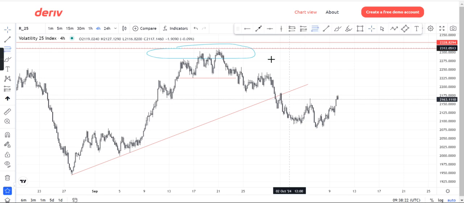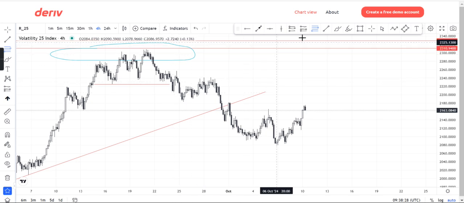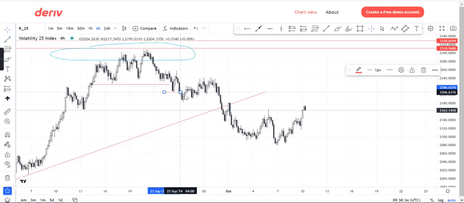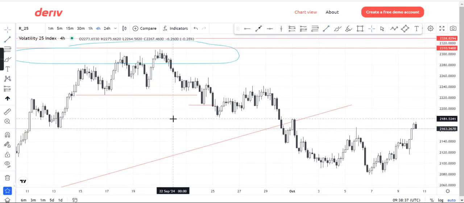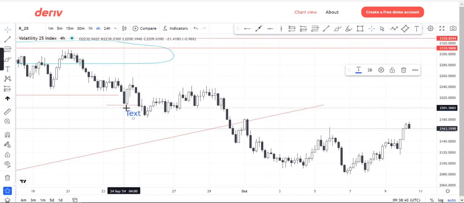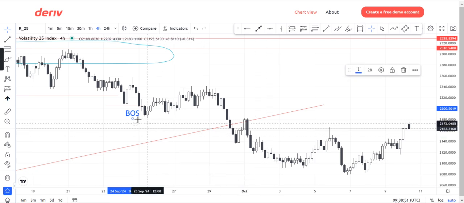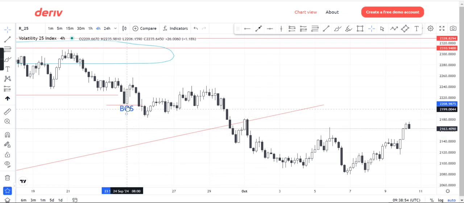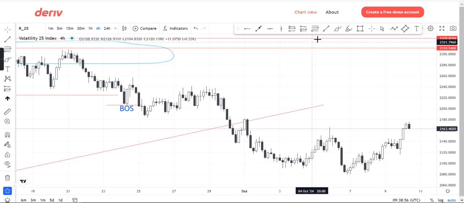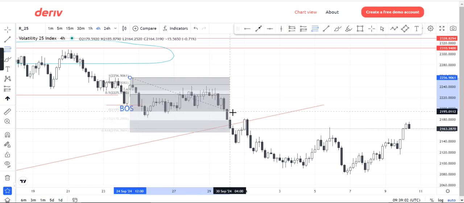Then on the initial market structure, after we had this break, we had a smaller break of structure at this point, which we can call a BOS. So this BOS simply helped us to mark our level to get an entry.